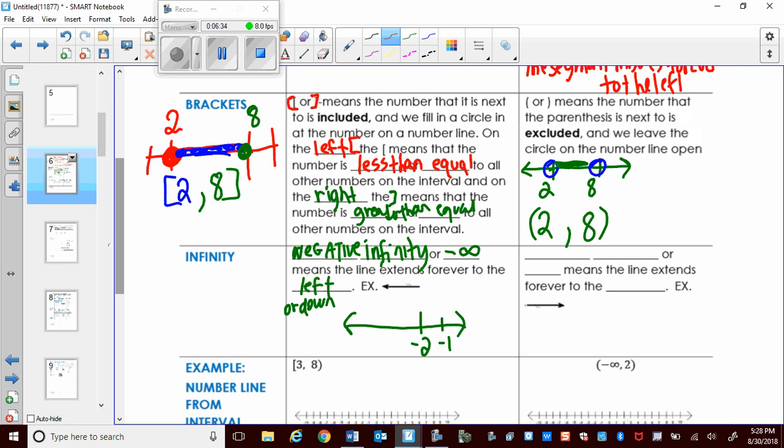I would put an arrow at the end to notate this is forever, and put a bubble here. So my interval looks like this: -2 to negative infinity. And I would notate it by a heavy line going towards infinity. So -2 is greater than all of these other numbers.